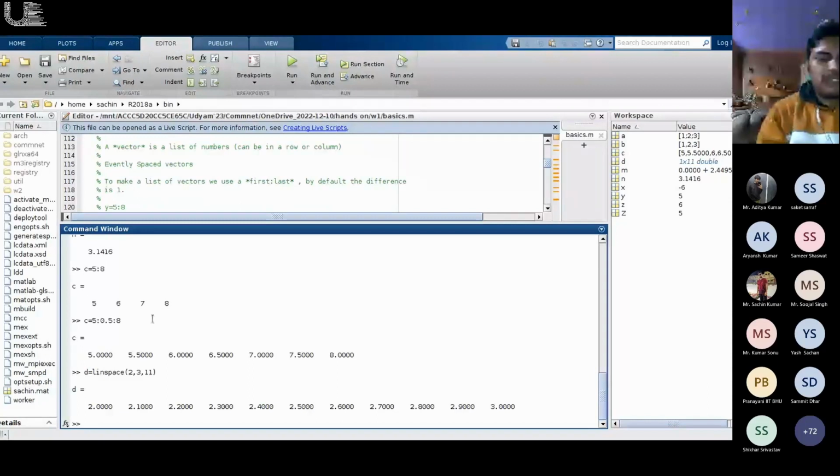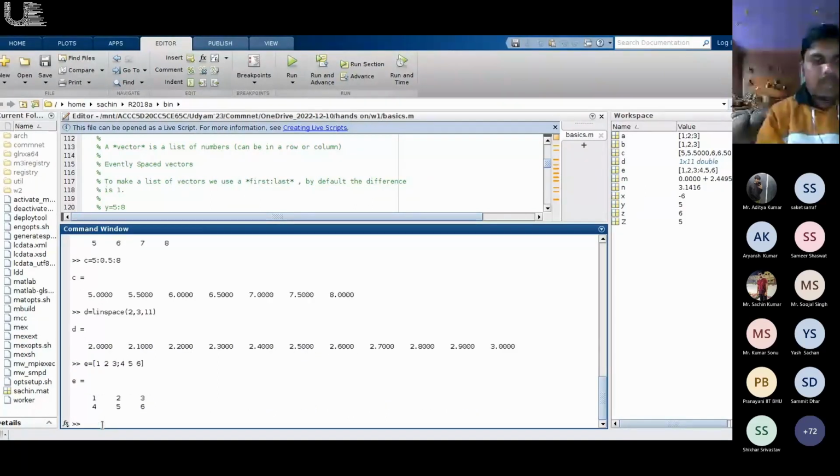Next, let's discuss how we can create 2D vectors, or 2D matrices. E is equal to, as I've already mentioned, semicolon can be used to separate the rows. If I write 1 2 3 semicolon 4 5 6, then 4 5 6 will be stored in the next row.